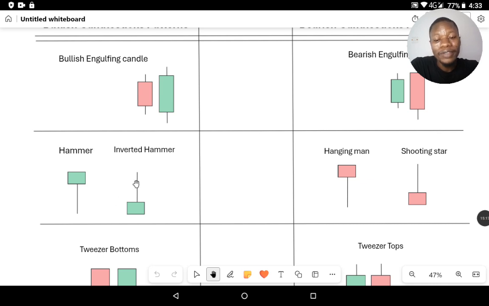While you can also have it in this format. It shows that when the price opened at this point, yes, this is a bullish candle and the opening is always lower than the close. So when the price opened at this lower point, the buyers were able to carry the market and push it up before sellers set in, and they offset the buyers' effort, but they couldn't override it.